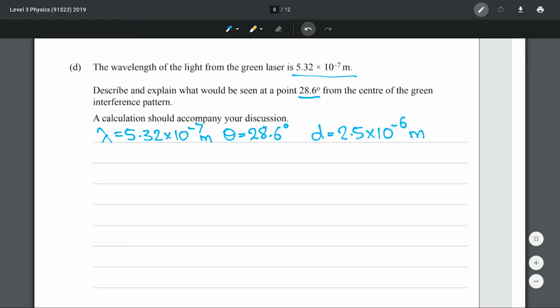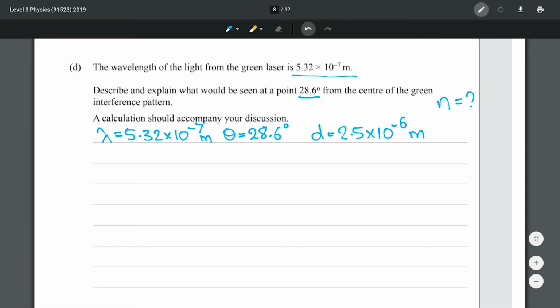Okay, so what we want to do is find out what our n is given this diffraction grating and this angle and also this wavelength of light. The value of n will then tell us whether this is an antinodal point, a nodal point, or something in between.